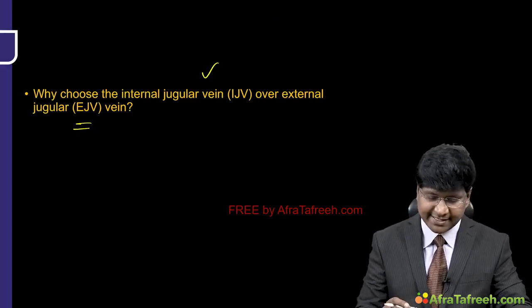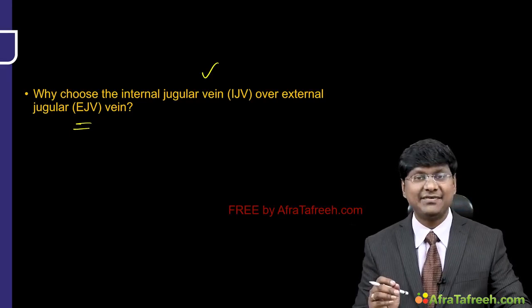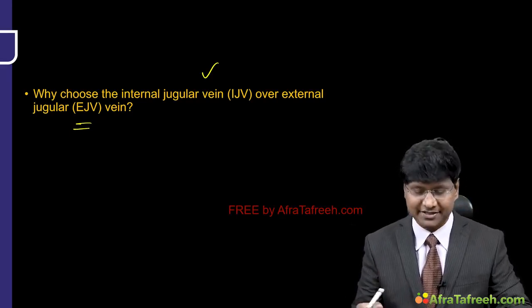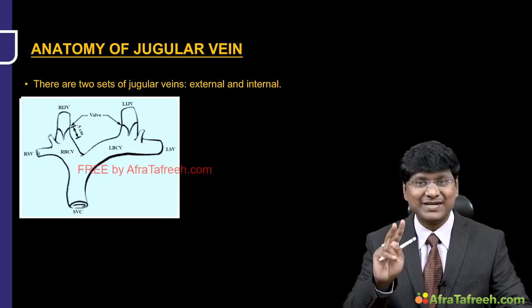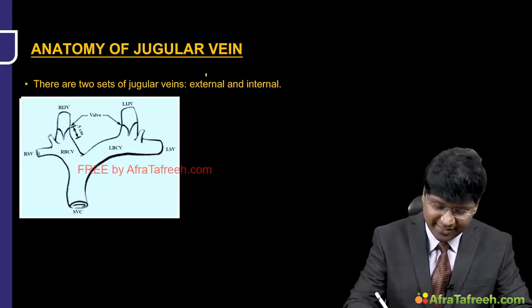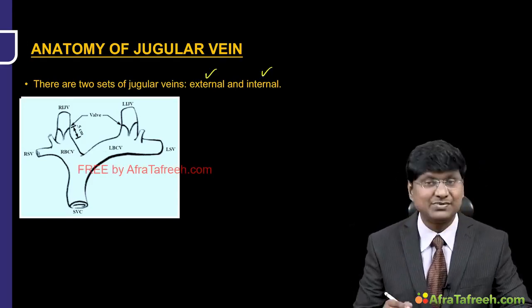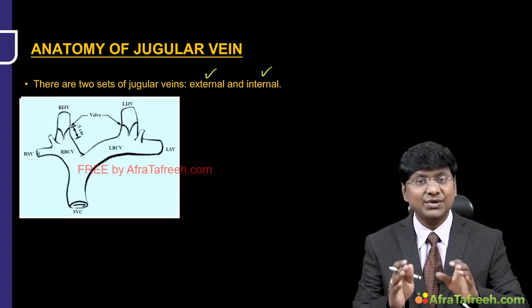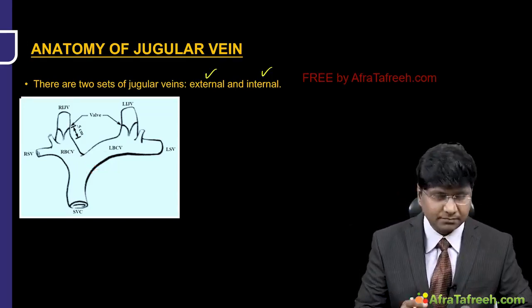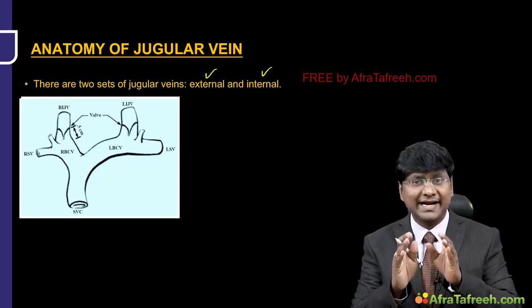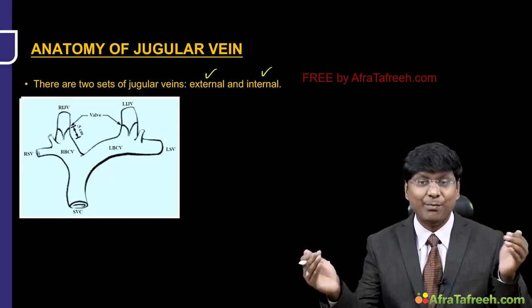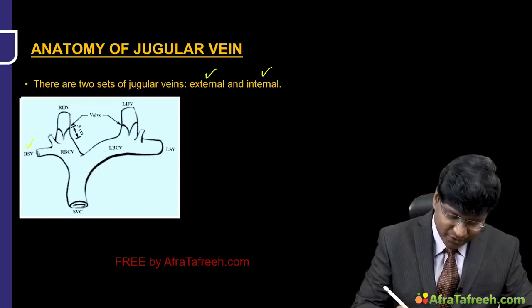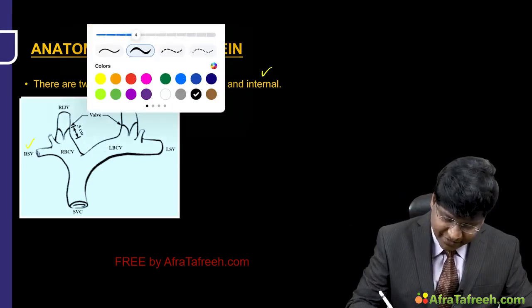Now you need to understand why we need to choose the IJV, why not the EJV. For that, let us just discuss the basic anatomy. There are two important jugular veins, the external jugular and the internal jugular. You take the external jugular. The right and the left external jugular veins both drain into the respective subclavian veins.